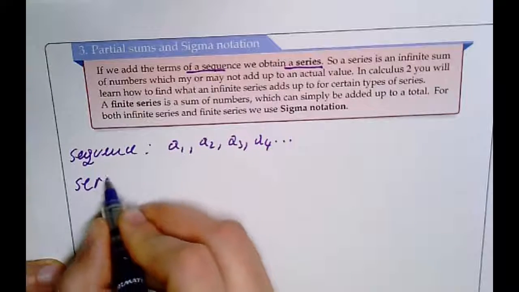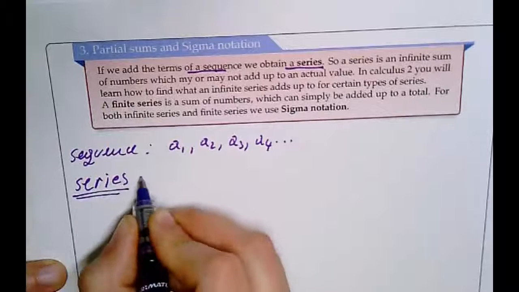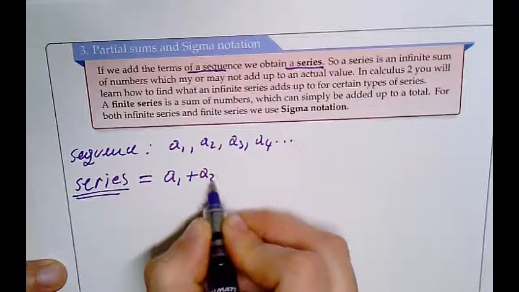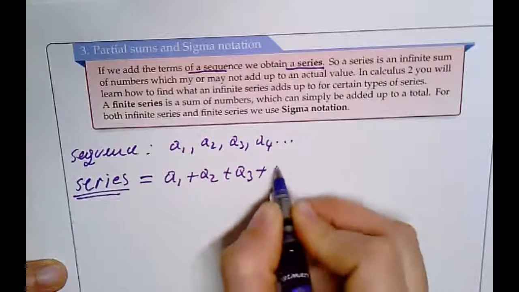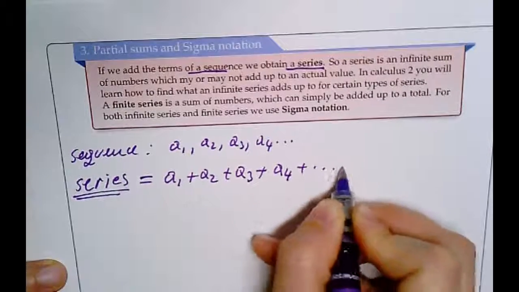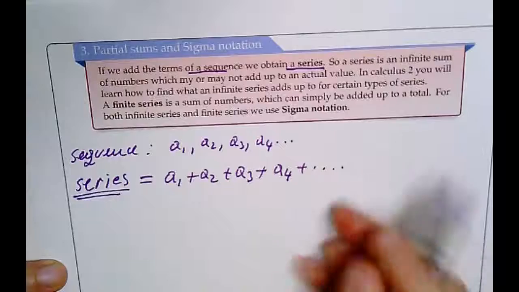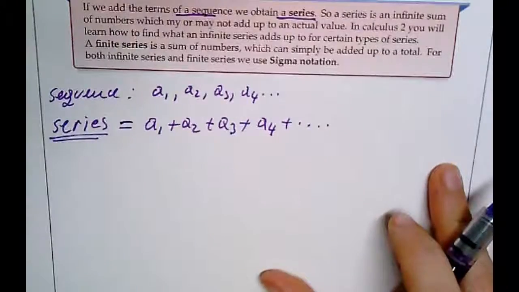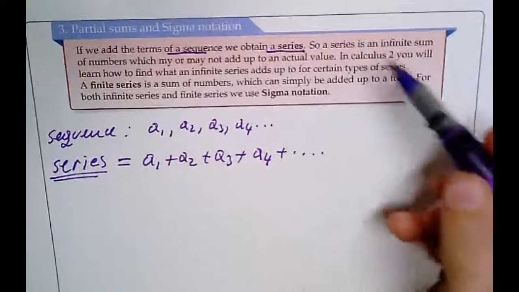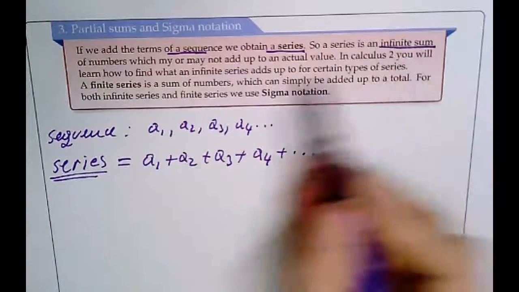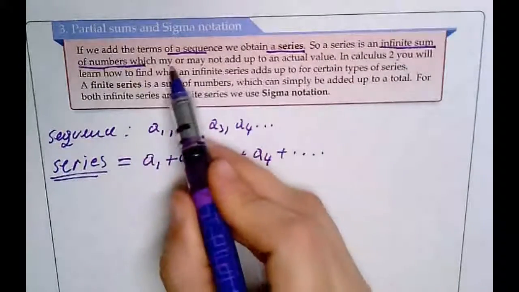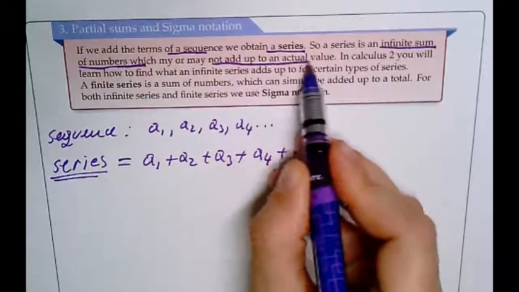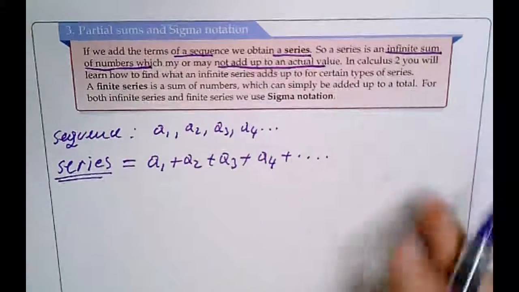So a series is going to be A1 plus A2 plus A3 plus A4 plus dot dot dot. I'm adding all the terms of the sequence. So that is called a series. The series is an infinite sum of numbers, and this sum may add up to an actual value or not.